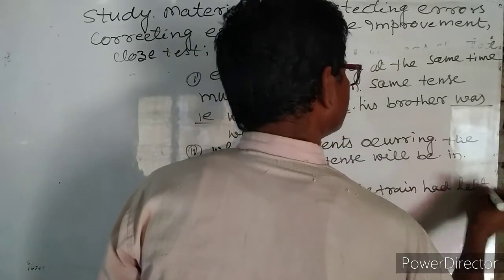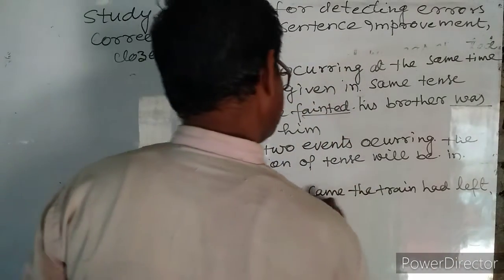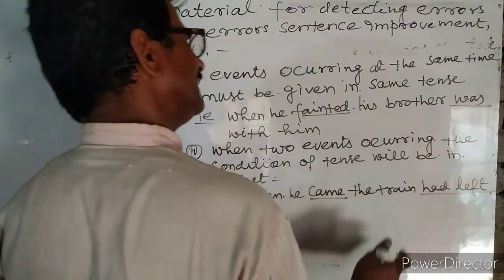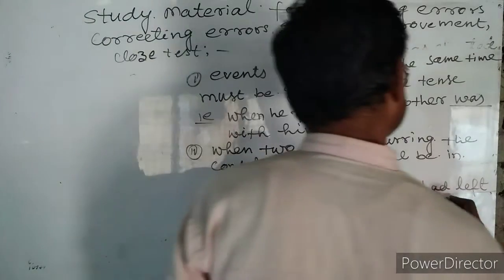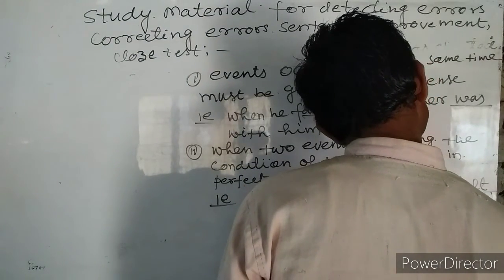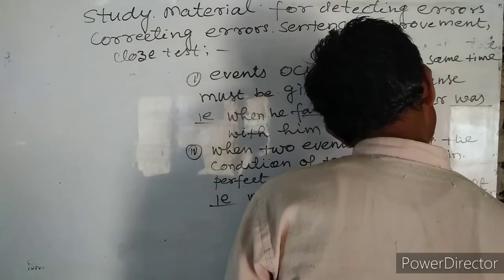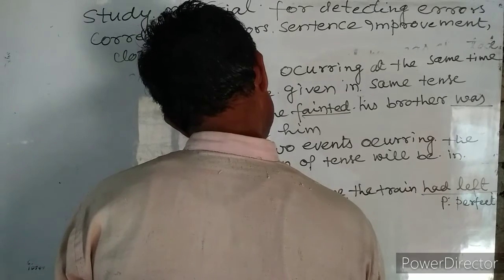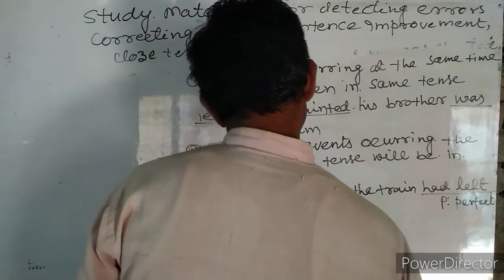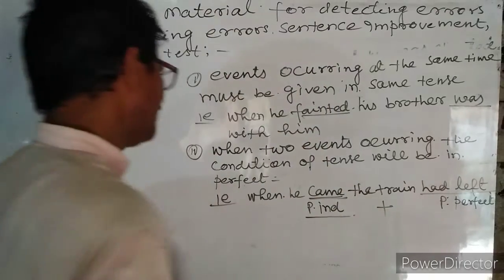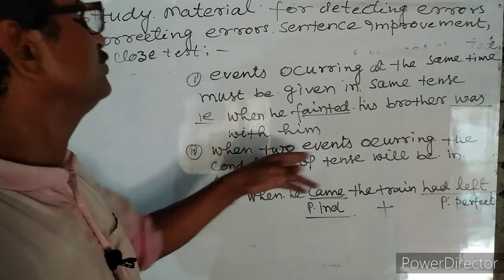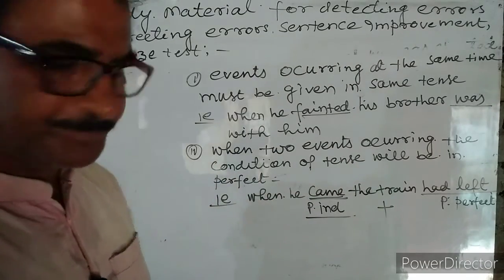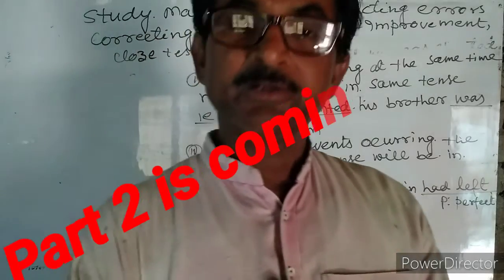When he came, it is in past form, but the train had left will be in past perfect, and the other is in past indefinite. So it is a combination: when two events occur, the tense of the earlier one will be perfect. Next.